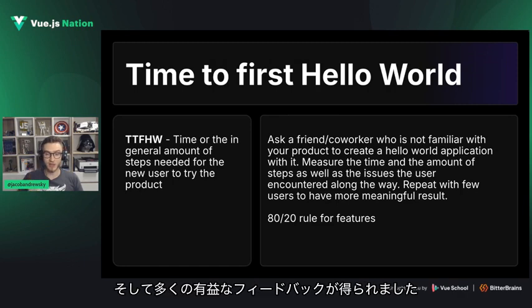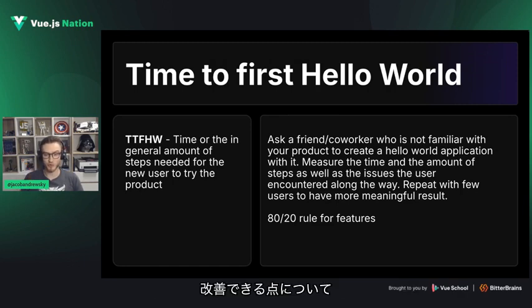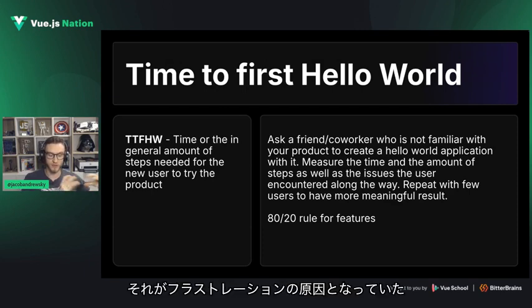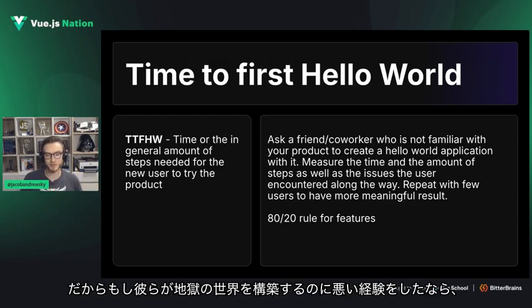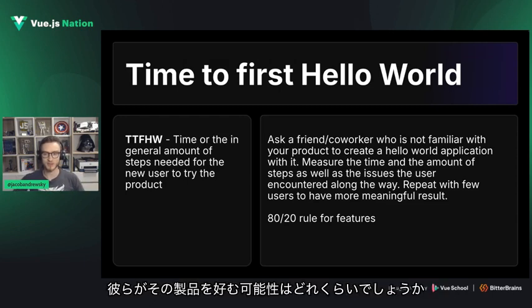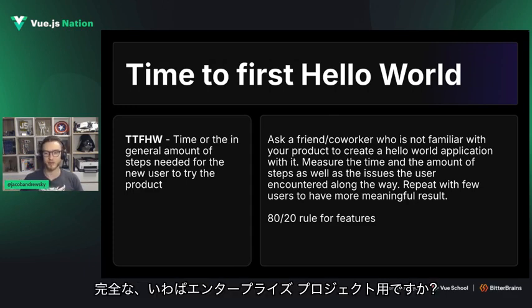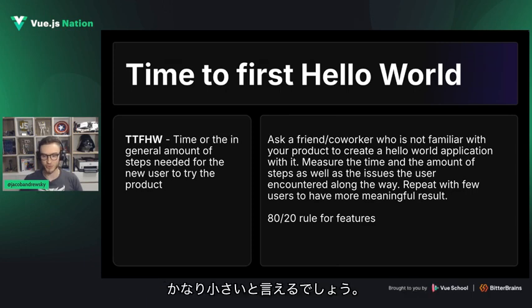And it gave us a lot of useful feedback on what we can improve, because we had, for example, inconsistencies in the naming, we had inconsistencies in the dependencies used in the project, and so on, which was causing frustration, which was causing the users to not know how they can build the simple hello world. So if they have a bad experience building hello world, what is the chance that they will like to go with the product for a fully, let's say, enterprise project? I would say pretty small.